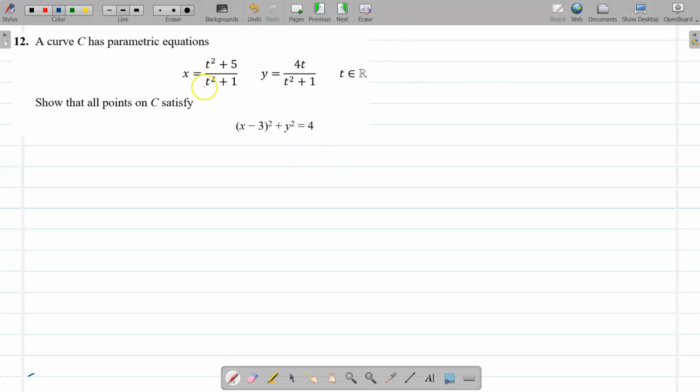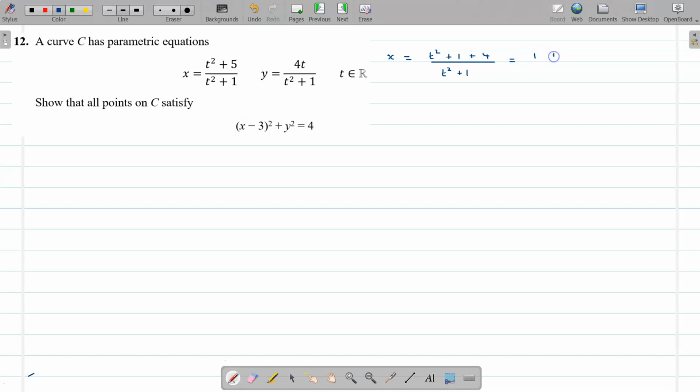I took the expression for x and I rewrote it like this. I split the numerator into t squared plus 1 plus 4 all over t squared plus 1. Okay, and that enabled me to split that into two fractions, with t squared plus 1 over t squared plus 1 being 1.